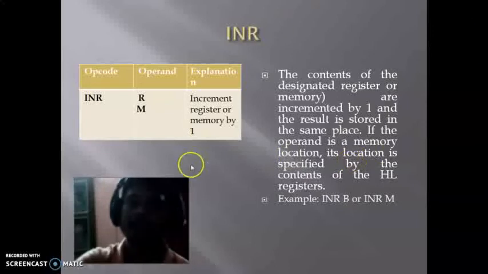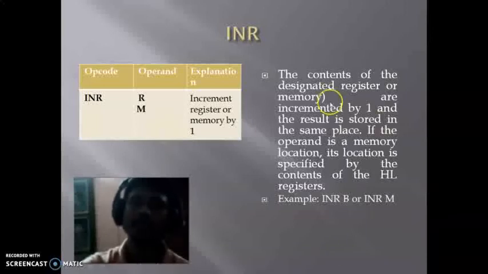Next is the INR, that is INR R, INR M. INR R means the content of a register will be incremented by 1. INR M means the content of the memory will be incremented by 1. So basically the content of the memory means the address held by the HL register pair, and this address actually holds a data, and that will be incremented by 1.